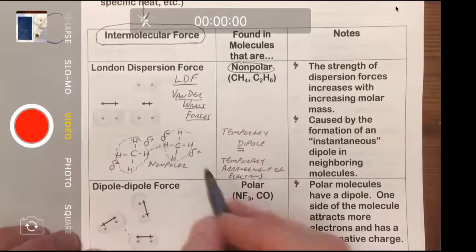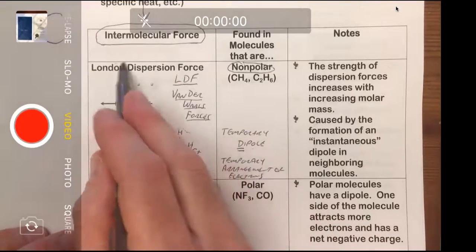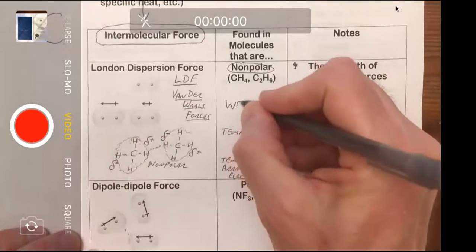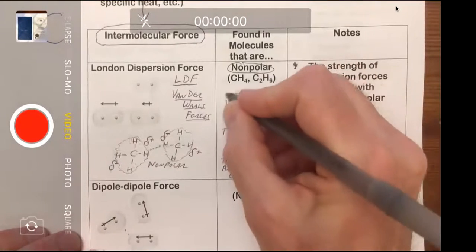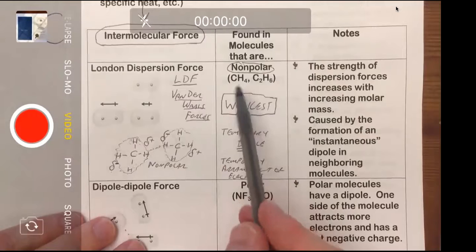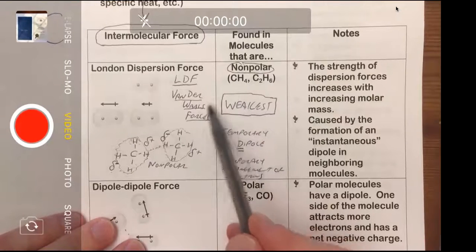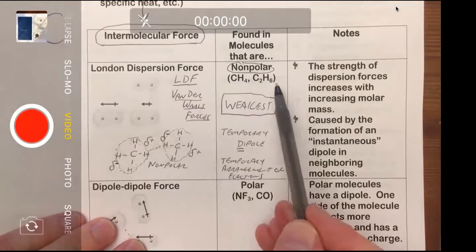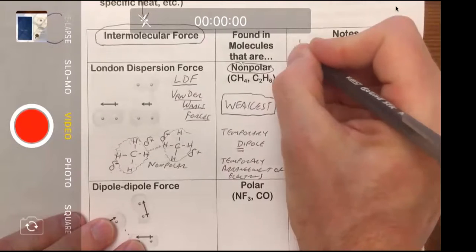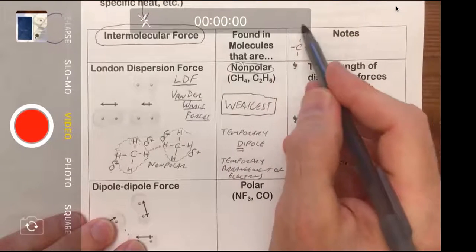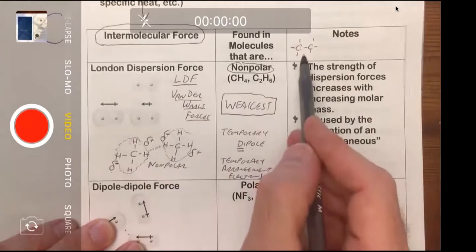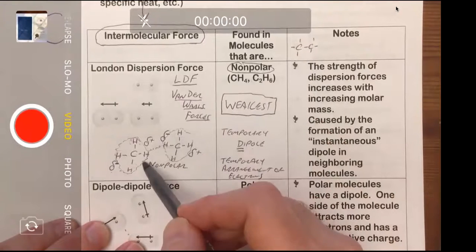And so this type of intermolecular force, of all three that we're talking about, is going to be our weakest of the three. And if I wanted to compare CH4, which is nonpolar, to C2H6, which if I drew it, this would be the C, and then I'd have 1, 2, 3, 4, 5, 6 bars, and at the end of each of those bars are H's, all right? This guy and this guy kind of look similar, but this one has a much larger molar mass than this one.